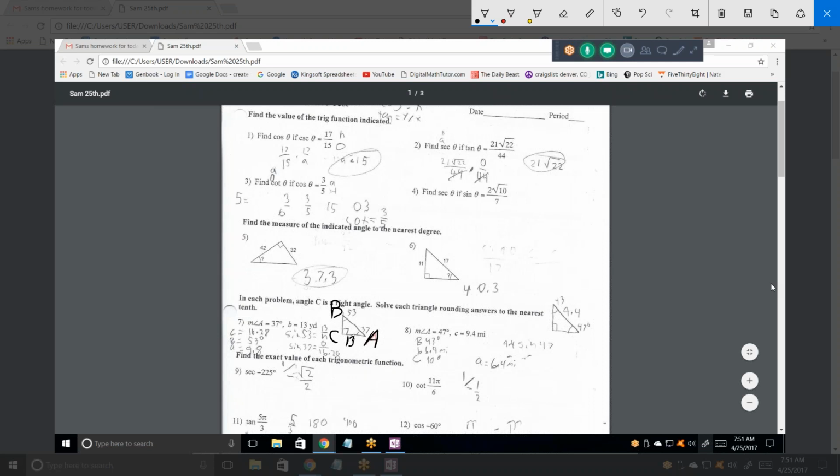Okay, so we've got the sine of 53 is equal to 13 over H, and that allows you to solve for H. What's this 0? That's opposite.